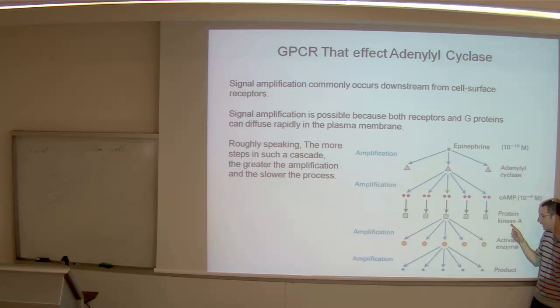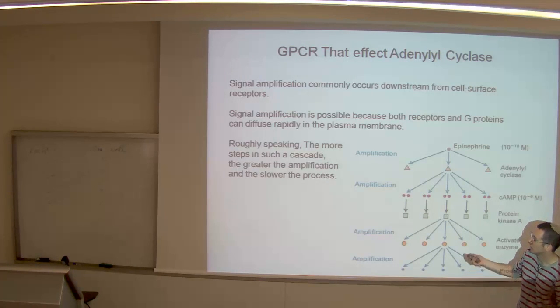But then each protein kinase A will phosphorylate not just one, but many downstream target proteins or enzymes. And each enzyme, as you know, produces not just one product, but many downstream products. So there's also amplification in the downstream transitions.